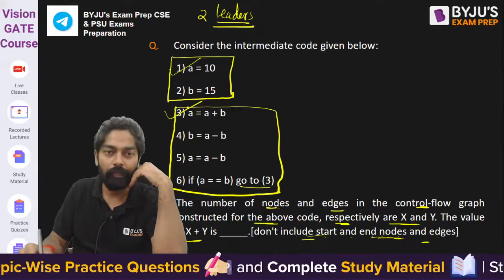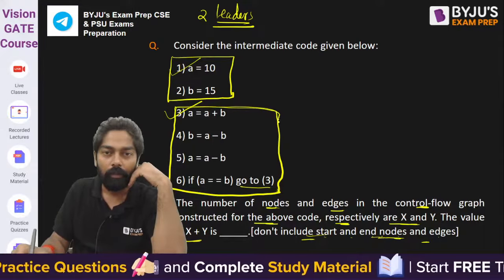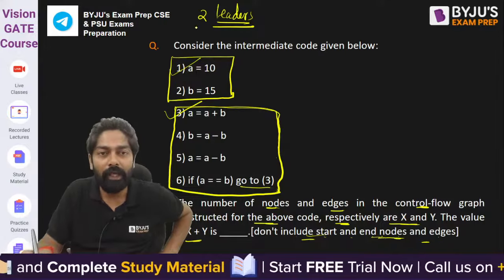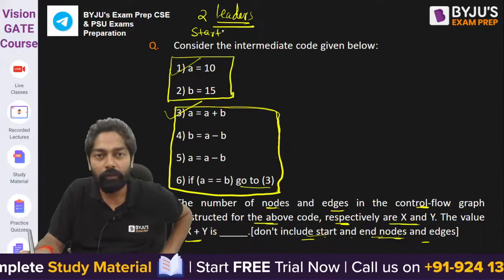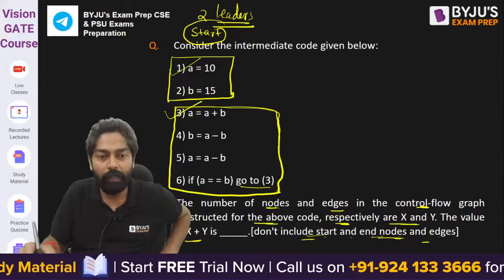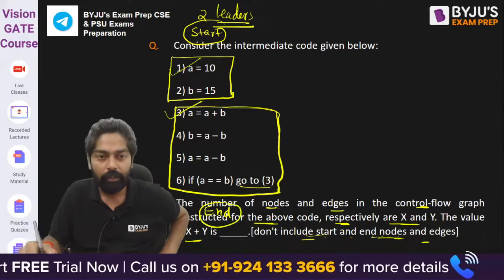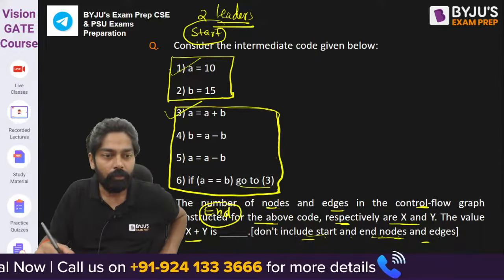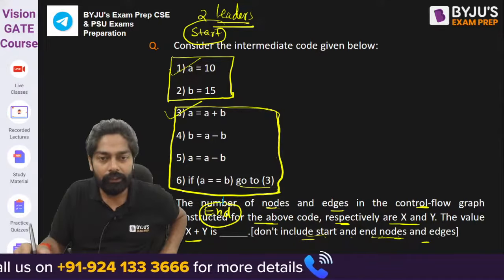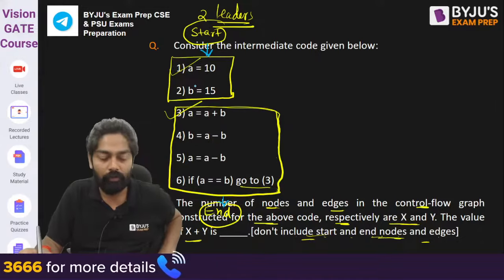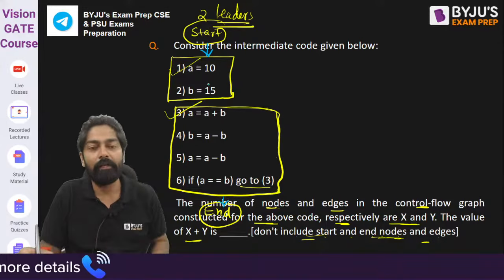Now everyone knows we have a start node here, and here we have an end. I'm writing end here. Start and end, and one arrow is here.